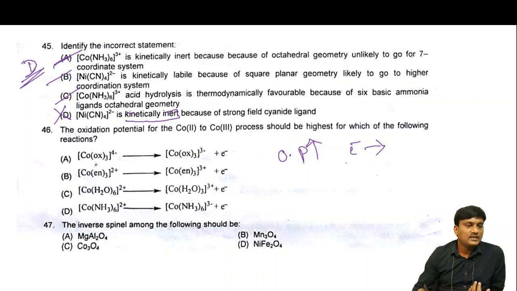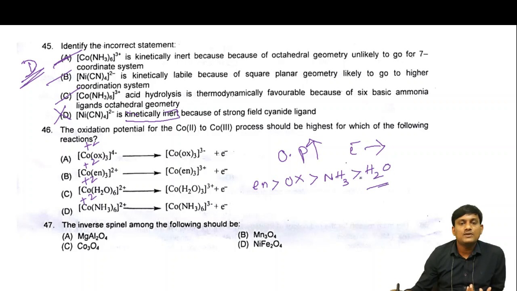In all these complexes, the central metal ion has +2 oxidation state. Taking the strength of these ligands, we know that en has more strength, next is oxalate, next is NH3, and next is H2O.